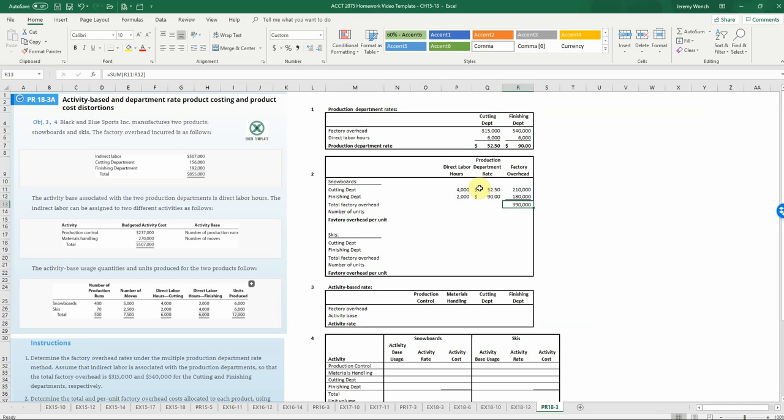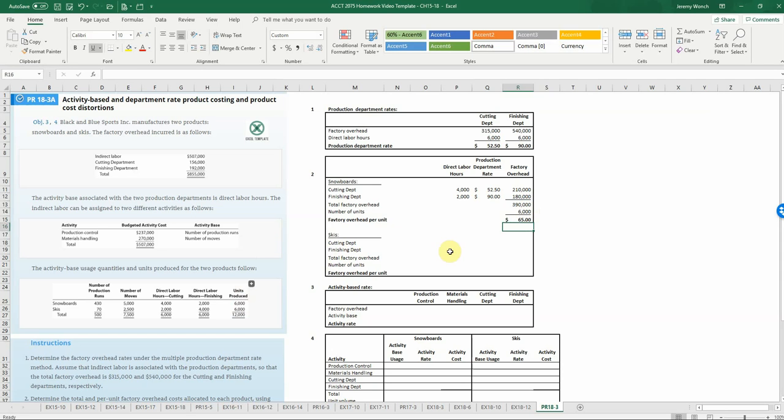That gives us total factory overhead for the snowboards of $390,000, and the number of units, right over here, was 6,000. So dividing our cost by the number of units, we would allocate $65 of overhead per snowboard.